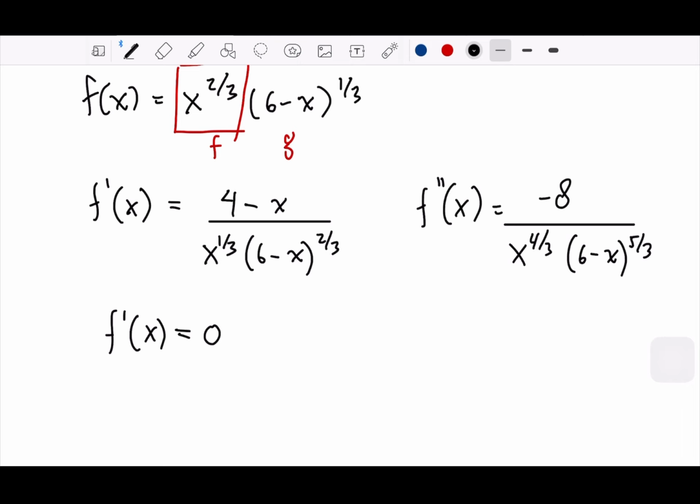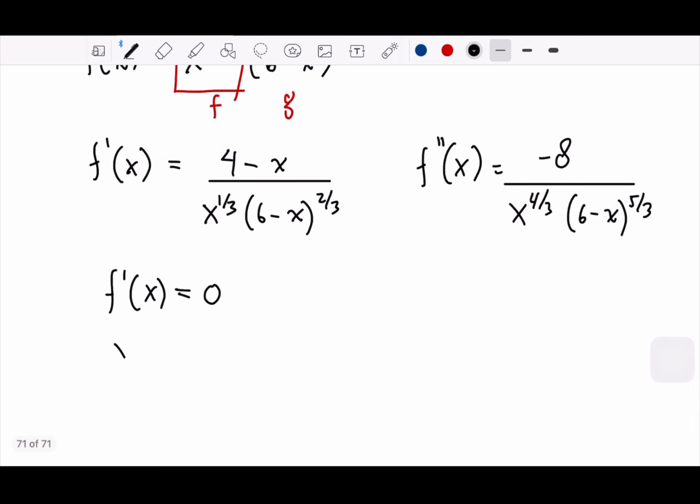Let's say we have the critical point when the first derivative is equal to 0, which means that x is equal to 4 from the first equation, right?